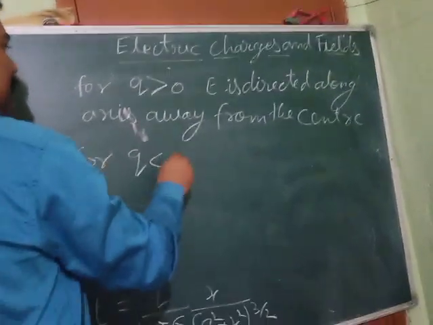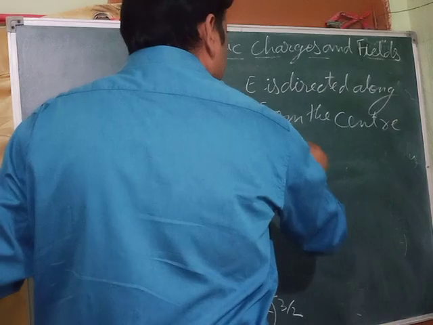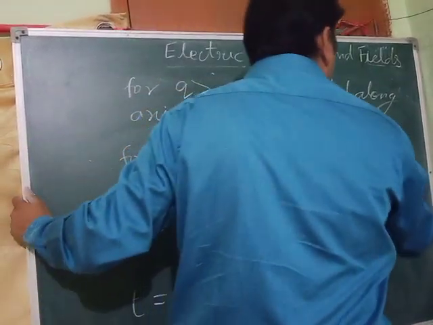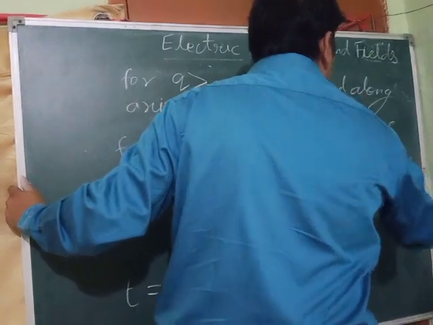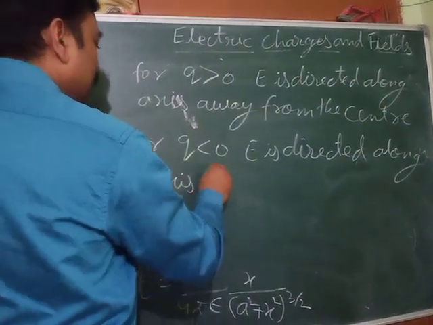And for q less than 0, that is negative, E is directed along the axis towards the center.